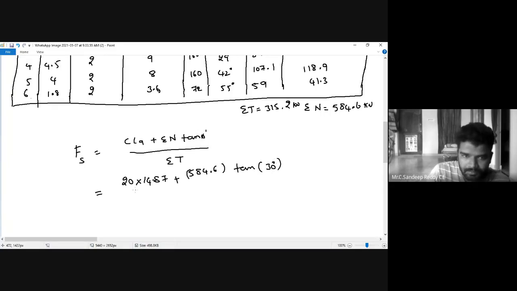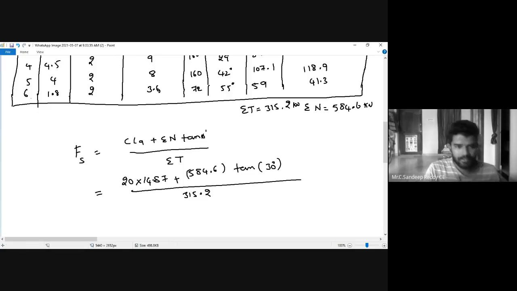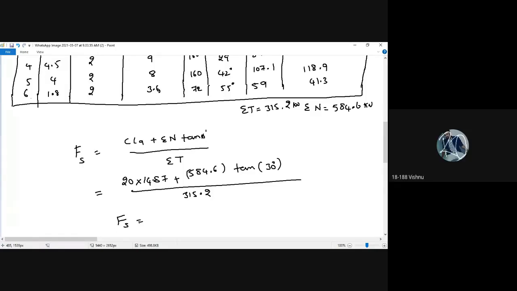This is whole by summation of T, which is 315.2 kilonewtons. Now tell me what is the factor of safety of the soil slope. 2.01, sir. 2.0.